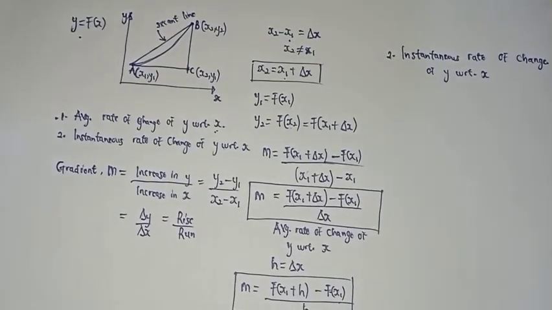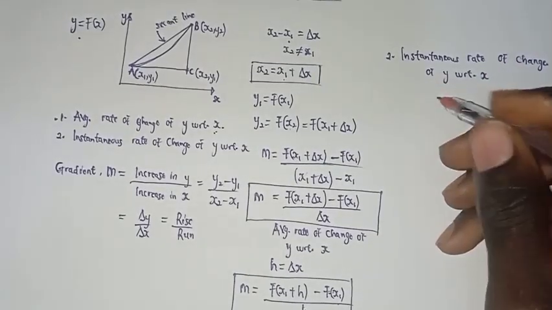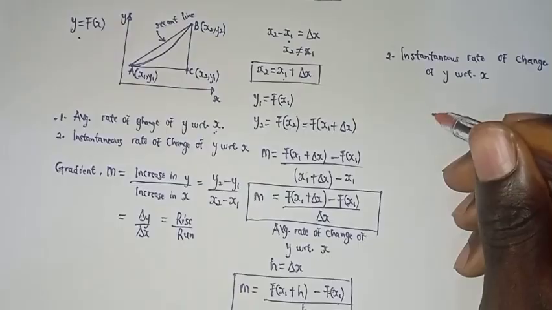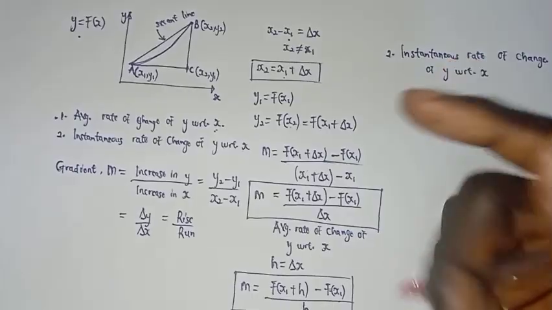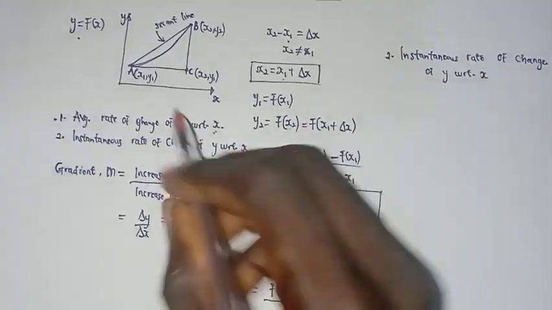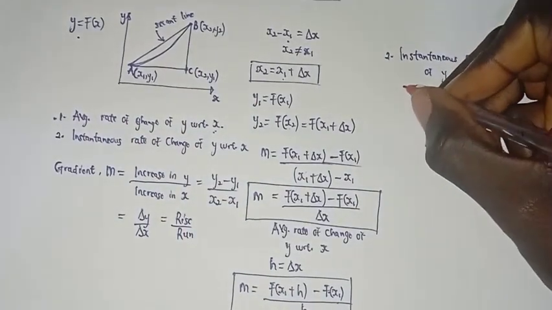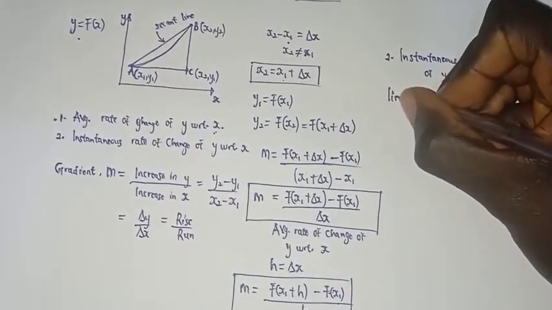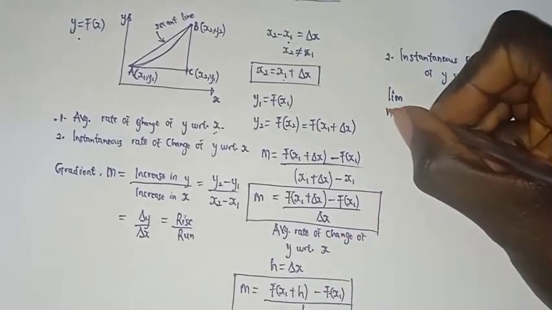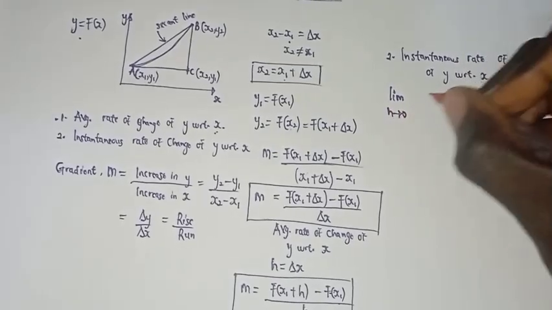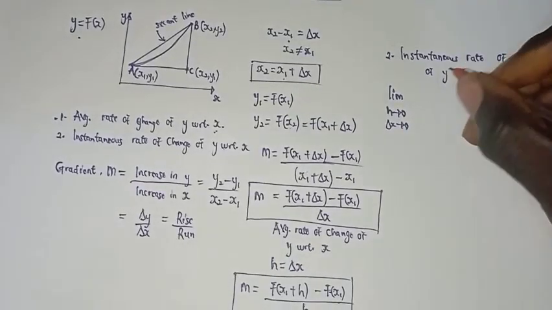From the word instantaneous, that means at an instant, so we're getting the rate of y with respect to x at a particular point, and that point is at A. We do that by taking the limit of our average rate of change as h approaches 0, or as delta x approaches 0, whichever you choose, it still means the same thing.